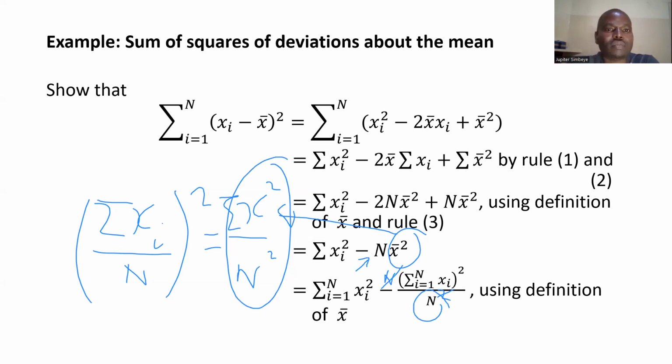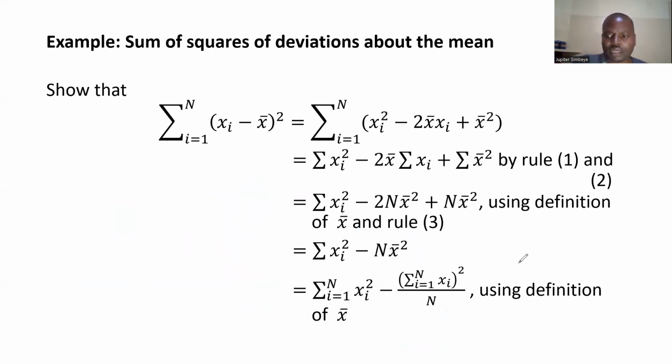So this is another way that you can write this quantity. Now this one does not have any means, which means you can calculate the sums of squares of deviations about the mean even though you are not given the mean, or you have not calculated the mean.